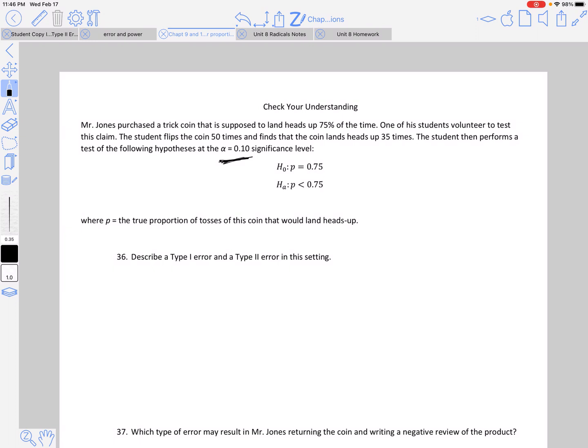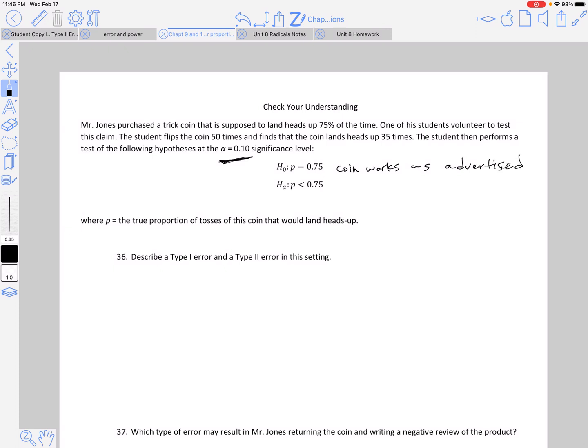So kind of think about this. If our null hypothesis is that, you know what, 75%, it will land 75%. He just got a random sample, right? So this is saying the coin works as advertised.